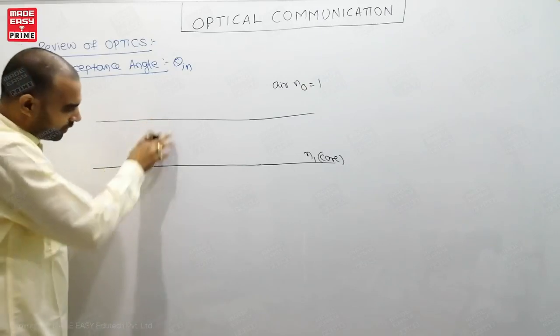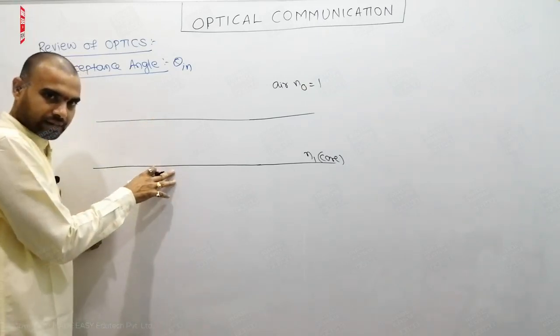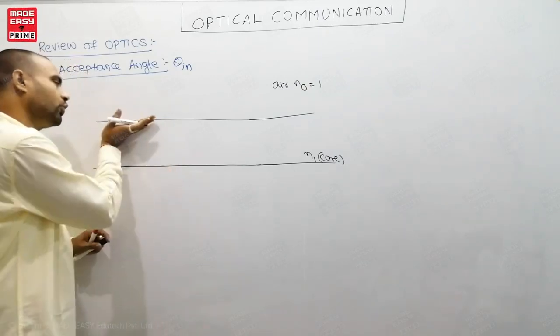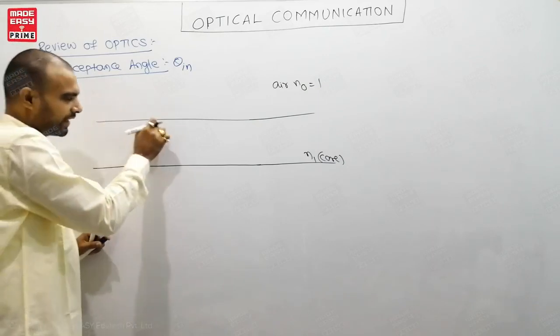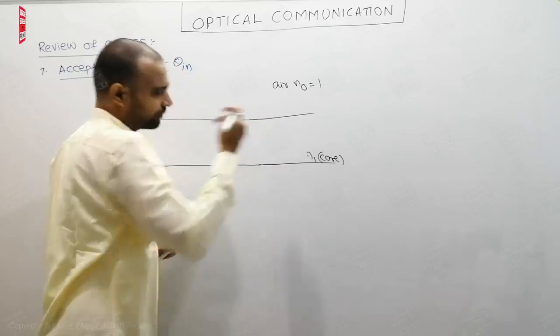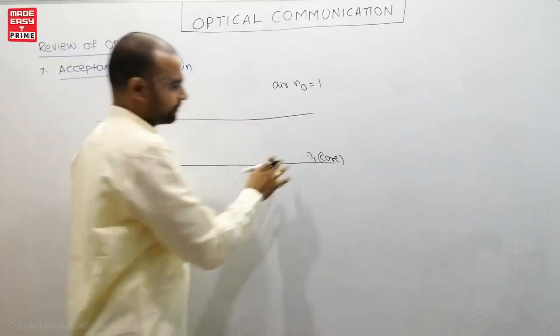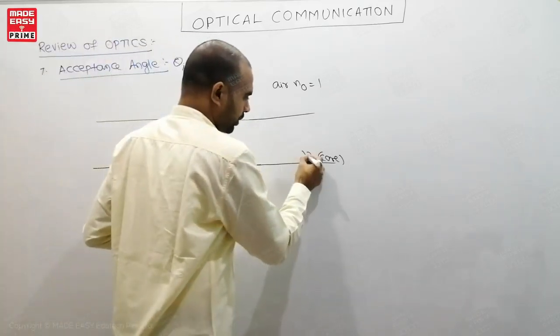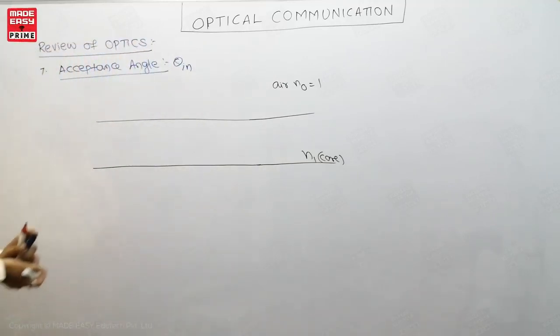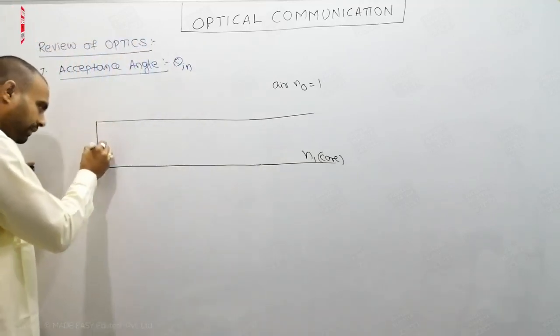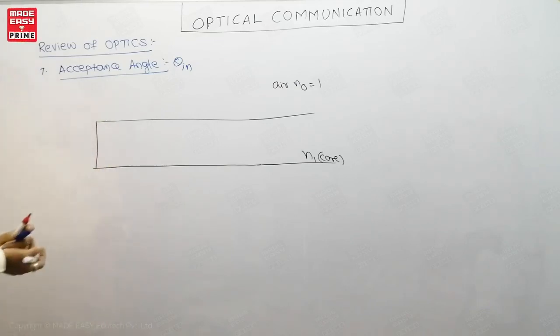Now this acts as a boundary. Whenever the light is incident from the light source, in the two boundaries, light has to be confined within the core to take total internal reflection. Now just see here, this is the fiber.